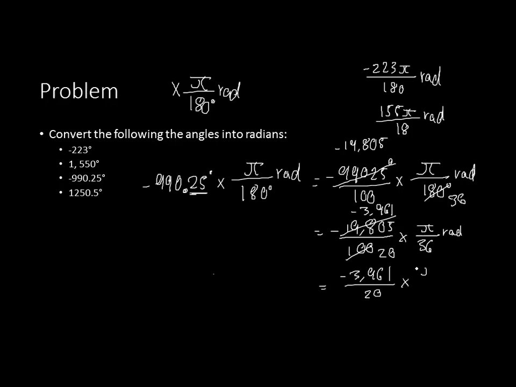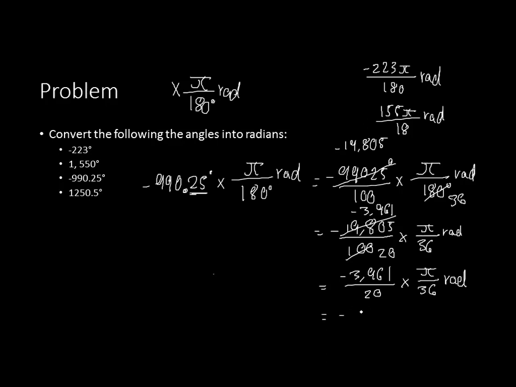So now what we're going to do is multiply them. Just to be sure, 3,961 and 36, are they both divisible? No, never mind. Because if they are, then we're just going to simplify it again.